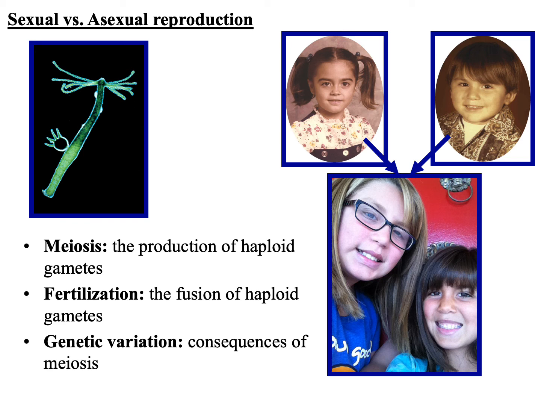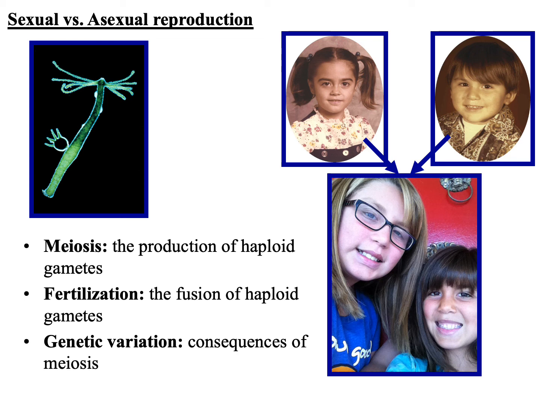Sexual reproduction from a biological point of view is going to involve the combination of distinct gametes in order to produce a genetically unique individual. In order for sexual reproduction to occur, again, you have the fusion of distinct gametes. Those gametes are in a haploid state.